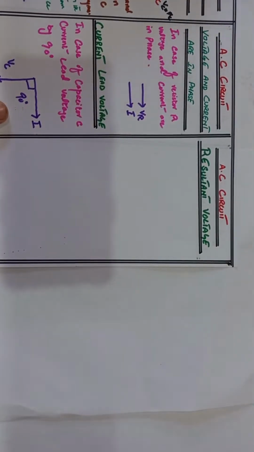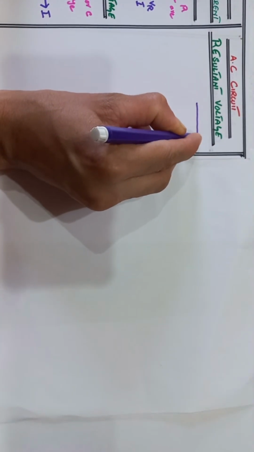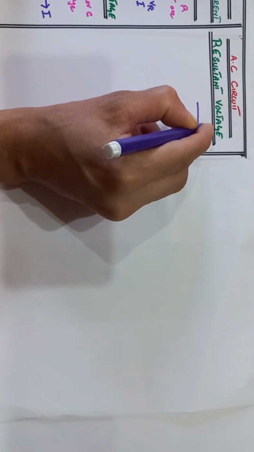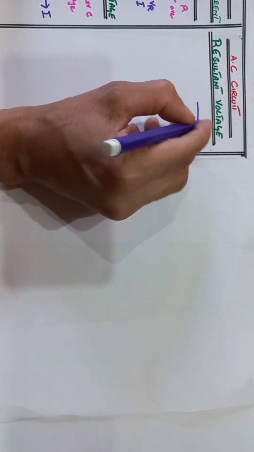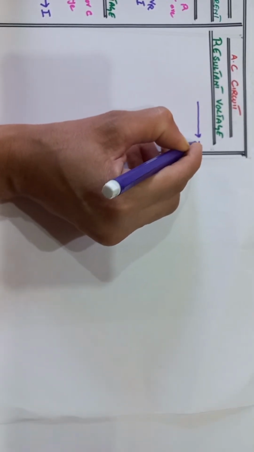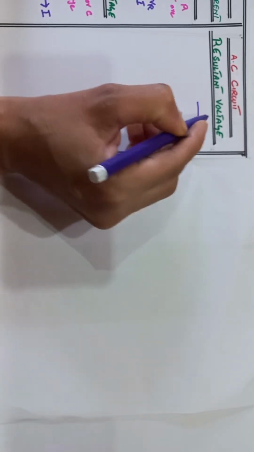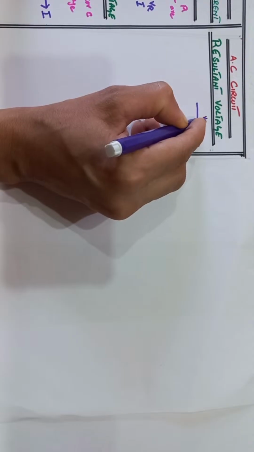Now move to the resultant voltage. First we draw the phasor diagram. Here we take the voltage across the resistor. Now take the current as a reference, and we know that whenever the current passes through the resistor, the voltage is in phase with the current.